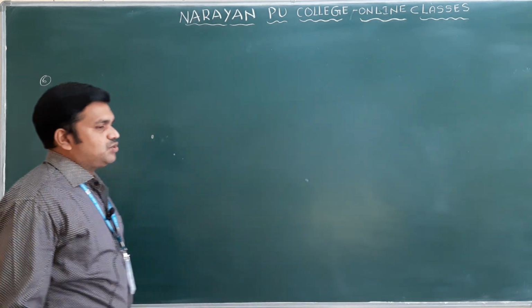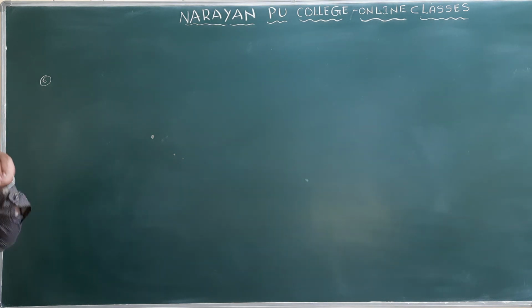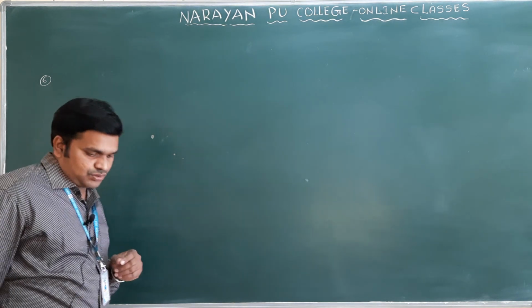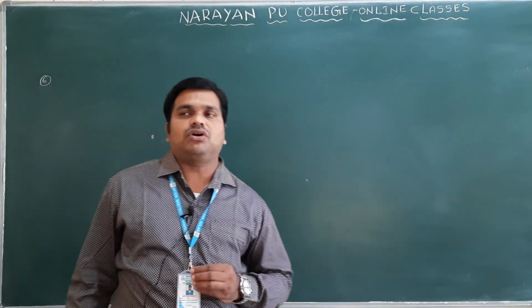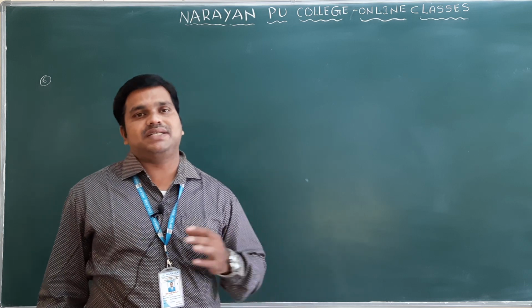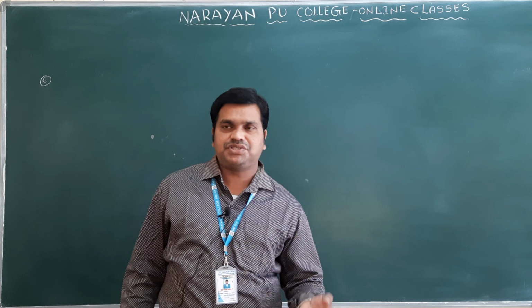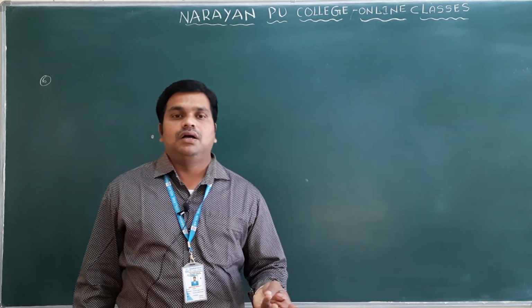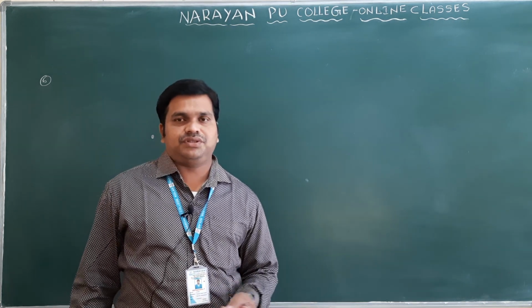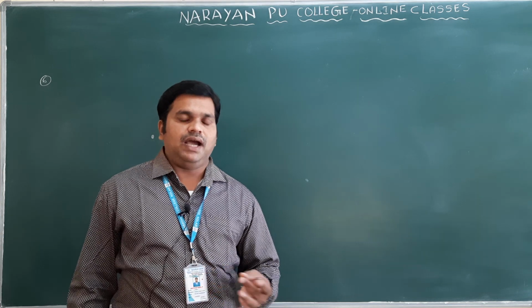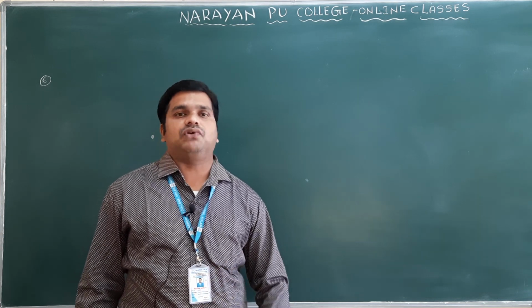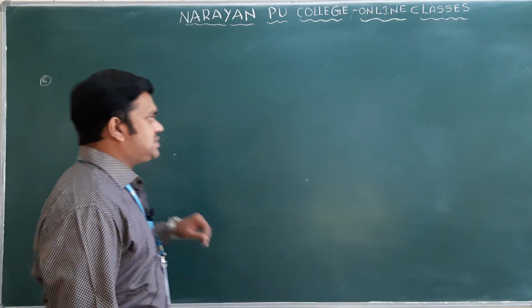Now we can see the next rule, regarding oxygen. Generally oxygen shows a -2 oxidation state in its oxides, but some exceptions are there: peroxides, superoxides and ozonides, and oxyfluorides. We will discuss all these examples here.